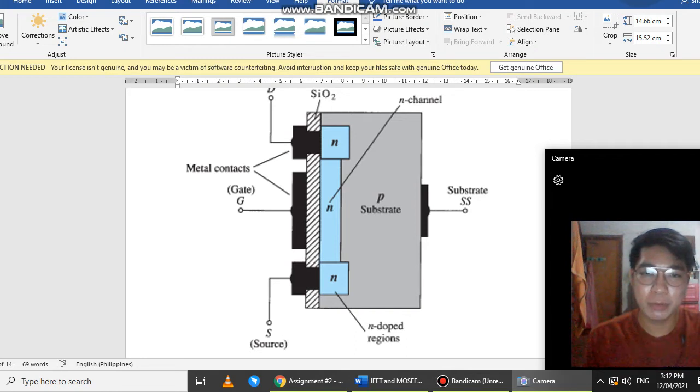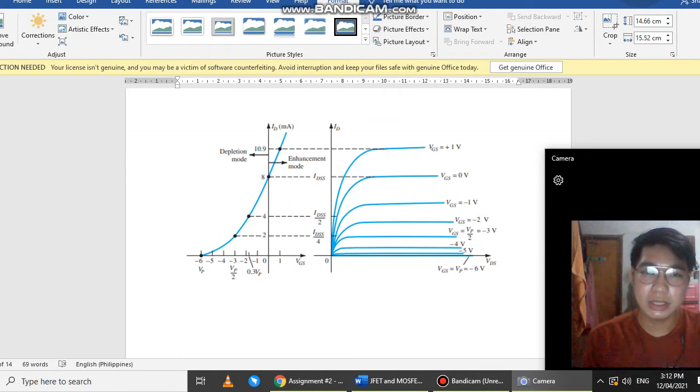P-type, will repel. So it can be seen on the graph that as the VGS, or the voltage acting on both the gate and the source, becomes more positive, the saturation level of the current acting on the drain also increases.